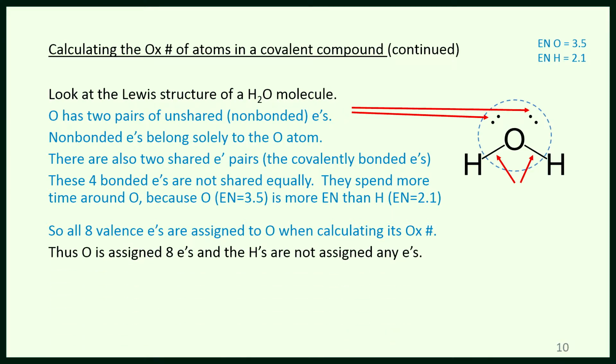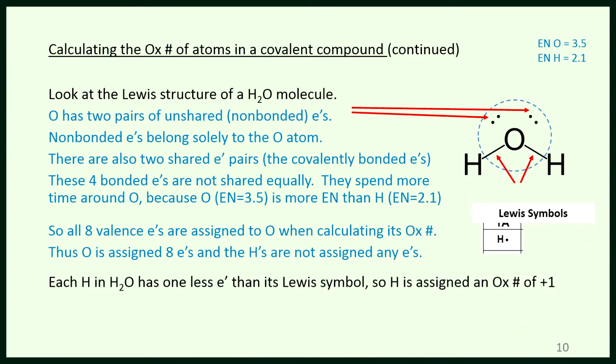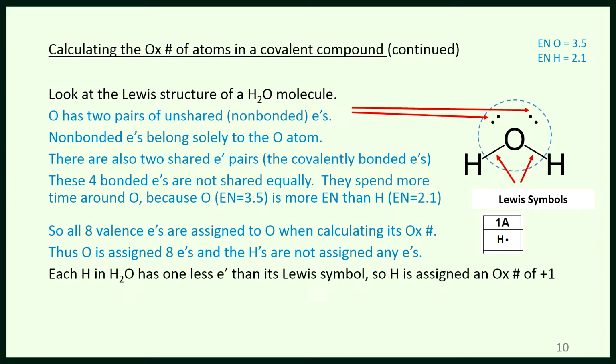Thus, oxygen is assigned 8 electrons, and hydrogen is not assigned any electrons. Each hydrogen in water has 1 less electron than its Lewis symbol, shown here, and therefore hydrogen is assigned an oxidation number of +1.